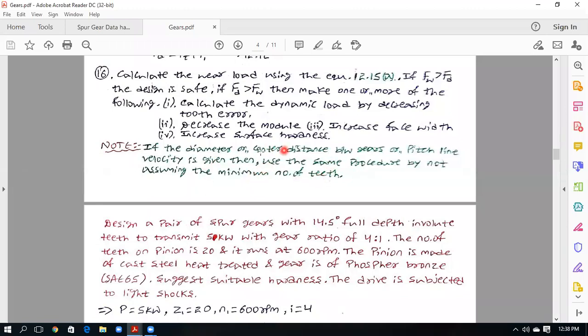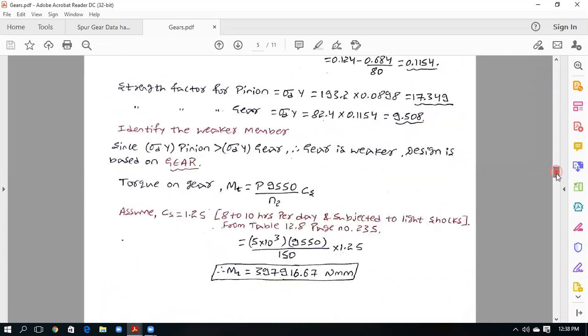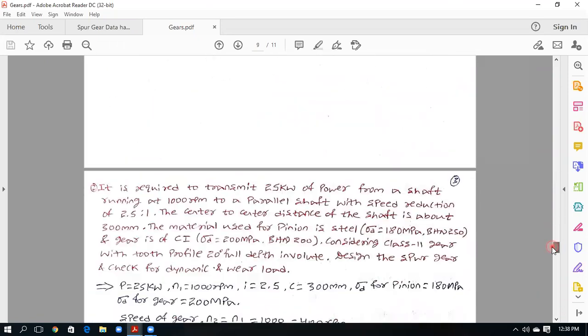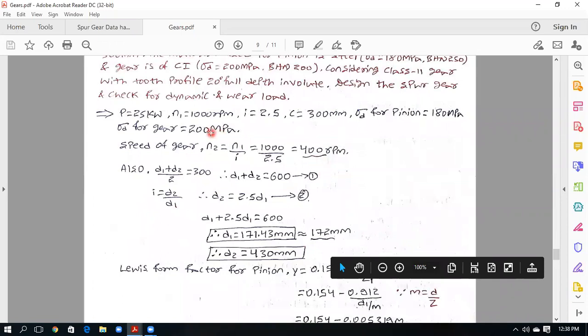In this case, center distance is given, that's why don't assume the number of teeth. Directly, you need to find out the diameter using the gear ratio.